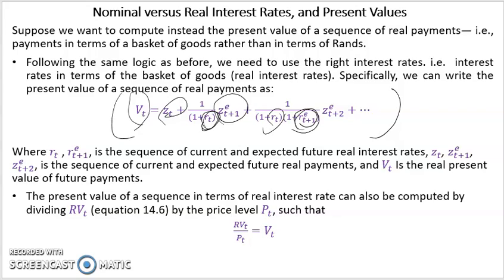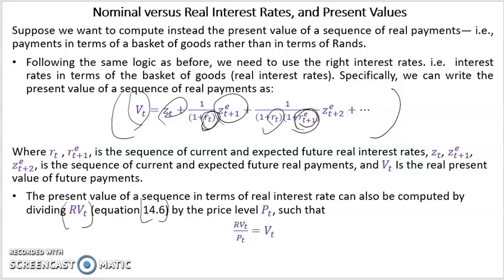An alternative way of calculating the real present value of a sequence of payments is to obtain the nominal one that we used in equation 14.6 and divide it by the price.